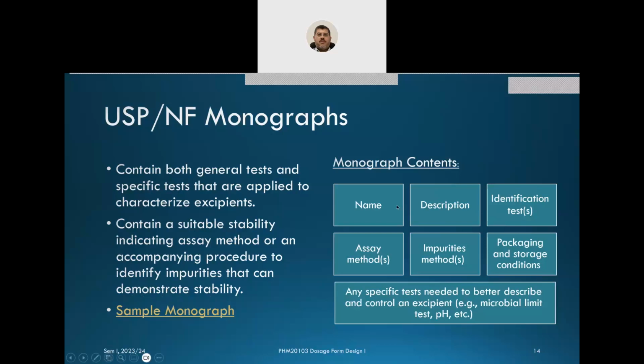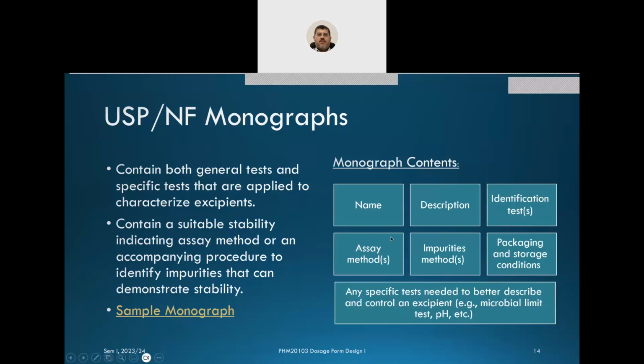It will have a name, and it will describe this monograph. The next section will be description, physical properties, for example, white powder or off-white powder, having a certain smell, whatever, to describe it physically. And they will give the identification tests. How can you identify this material? So, qualitative tests to identify it.